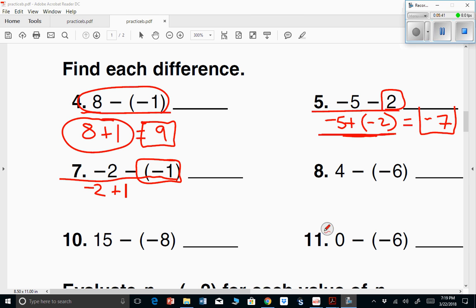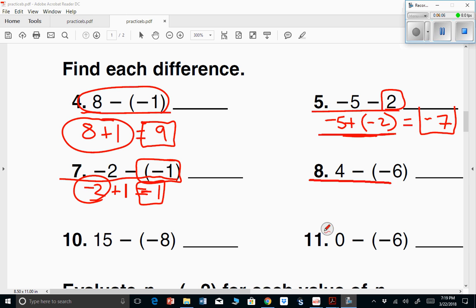Then follow our rules for addition of integers. We are adding two numbers whose signs are different, so we subtract. 2 minus 1 is 1, and keep the sign of the one with the greater absolute value, which is negative. So our answer is -1.